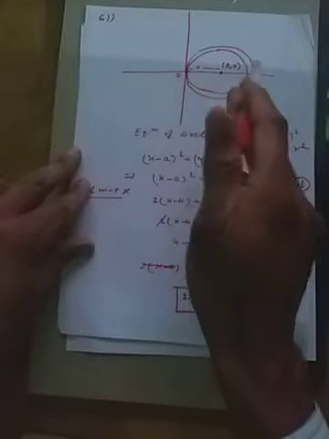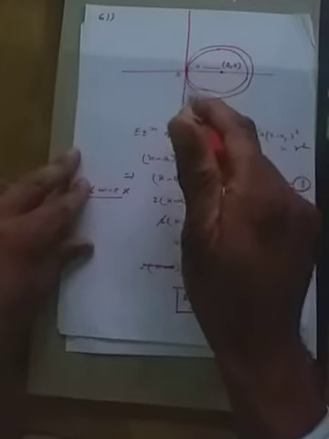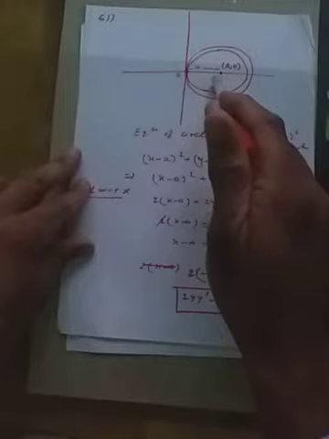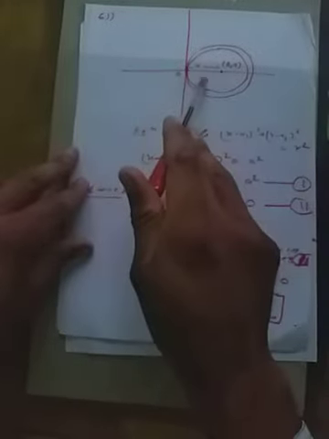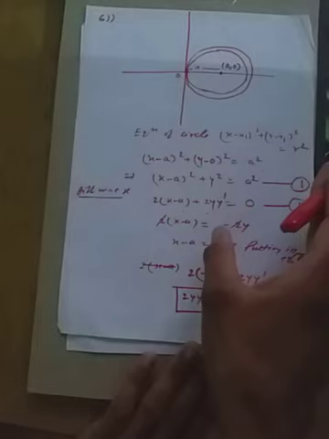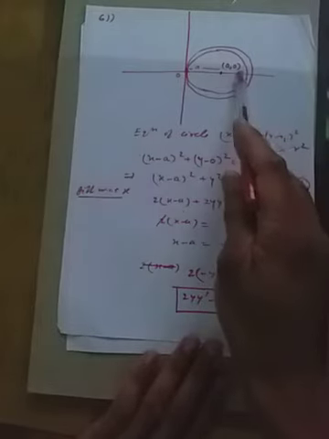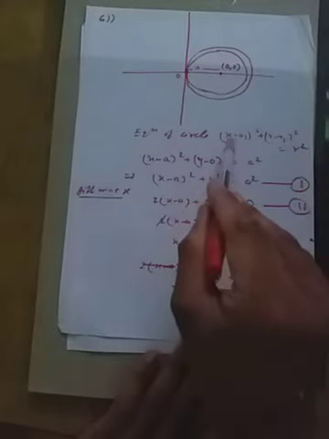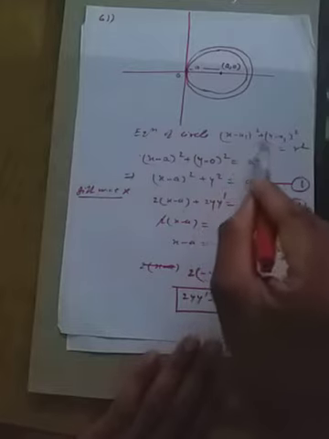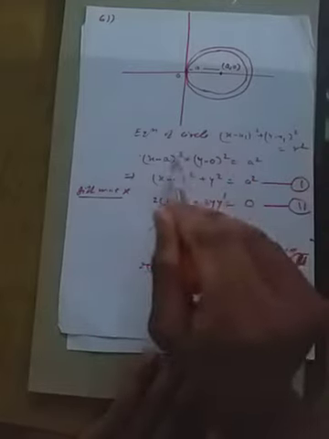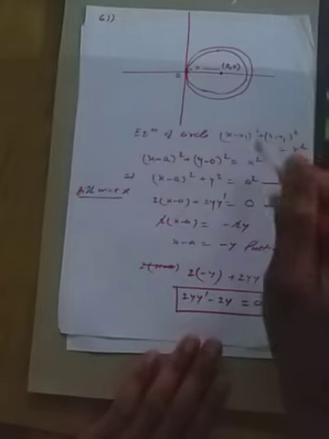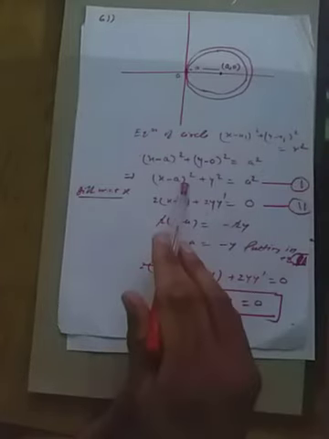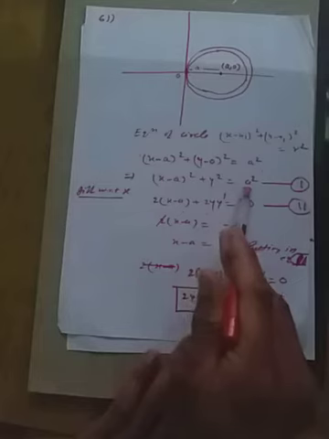If the circle touches the y-axis at the origin, the center of the circle will always lie on the x-axis. Let a be the radius of the circle. Therefore, the coordinates of the center will be (a, 0). Equation of circle: x minus x1 whole square plus y minus y1 whole square equal to r square. Here x1 equal to a, y1 equal to 0 and radius equal to a. So x minus a whole square plus y square equal to a square.